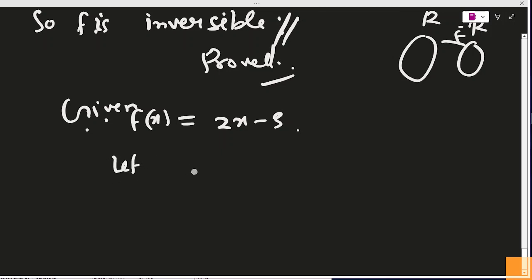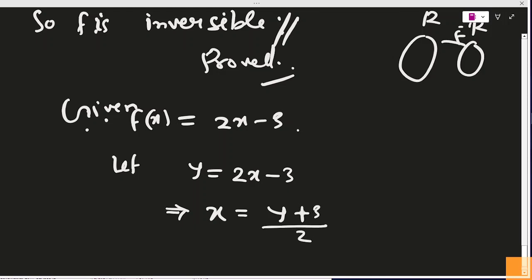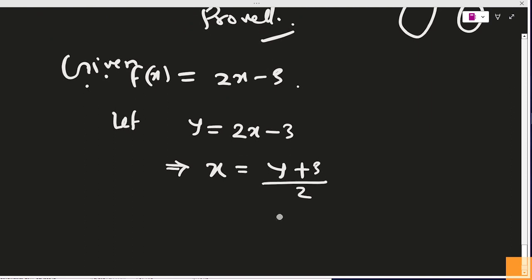Let y is equal twice x minus 3. वो पहले भी दिया था हमने। x is equal y plus 3 divided by 2, ये हमने कैलकुलेट करके निकाला, ये आपको समझ में आया है ना। x is equal to y plus 3 divided by 2, this will imply x is equal half of y plus 3, right.